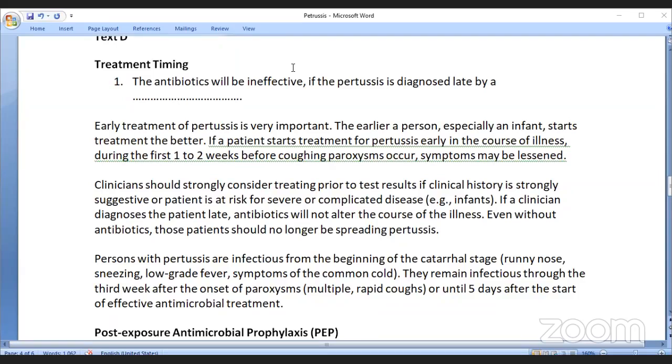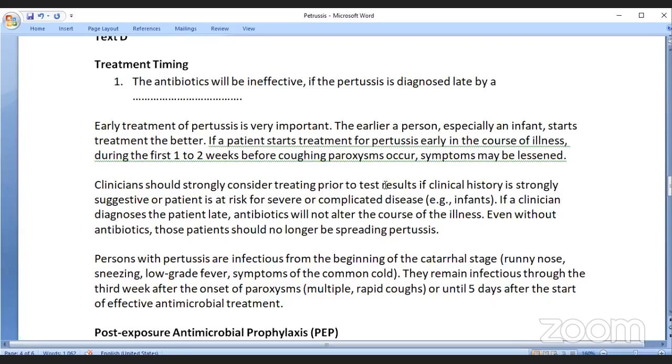I think in the second paragraph, the first sentence, they mention the test result if the clinical history is strongly suggestive.